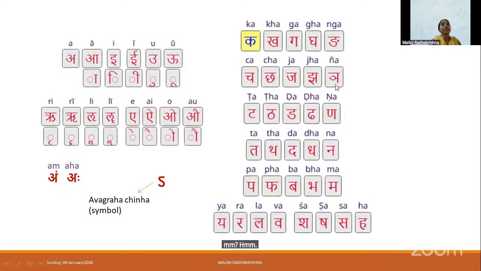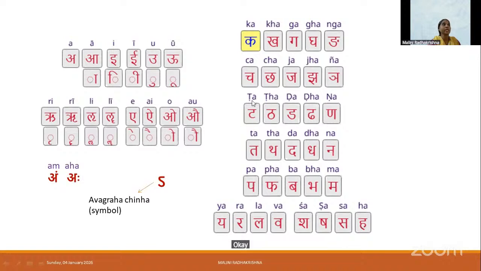Then nya, which can be spelled N-Y-A. The fifth letter of the first group is spelled ng, and here in the Cha varga, it is called nya.